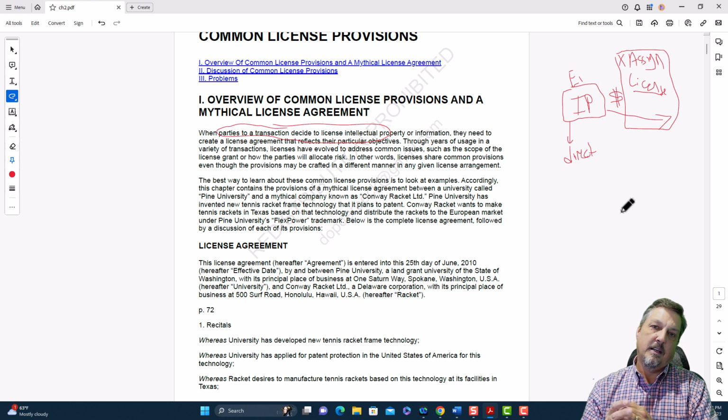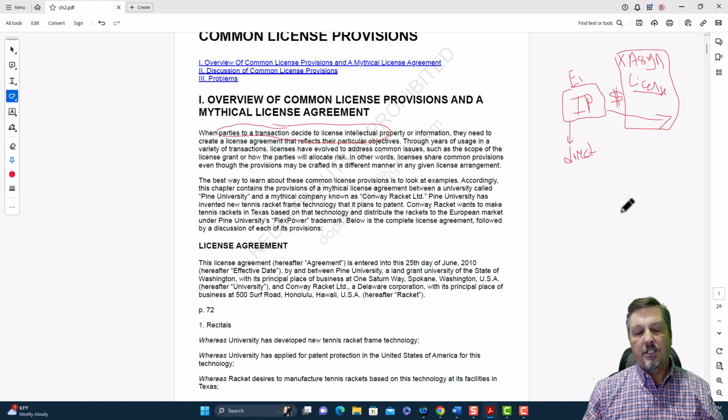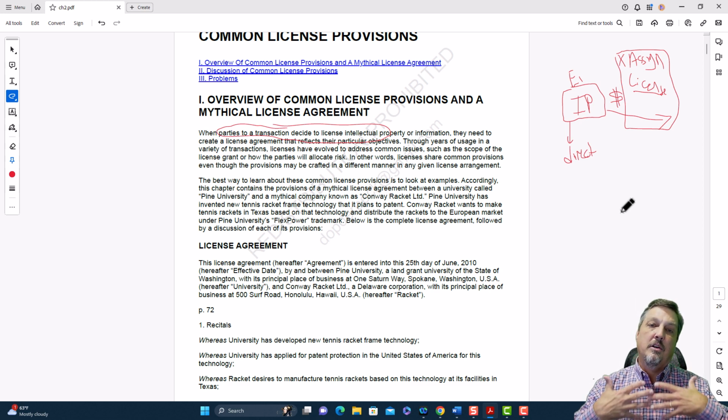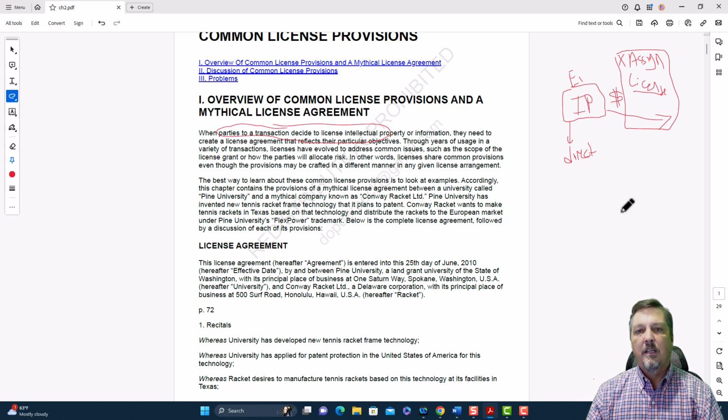Anything that is created on or after January 1st, 1978 is subject to a different system, which in general, for an individual, lasts as long as the life of the individual author plus a span of years, generally now 70 years.